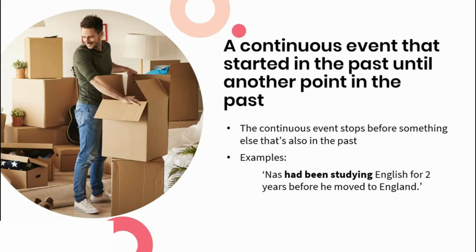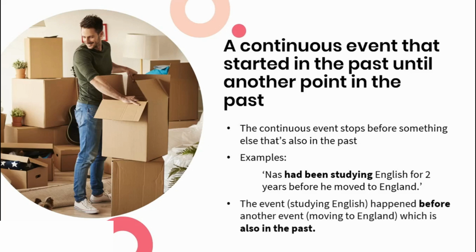Naz's move to England is already in the past. His study of English is even before that. Therefore, the past perfect continuous tense is used to show that the event, studying English, happened continuously before another event, moving to England, which is also in the past.